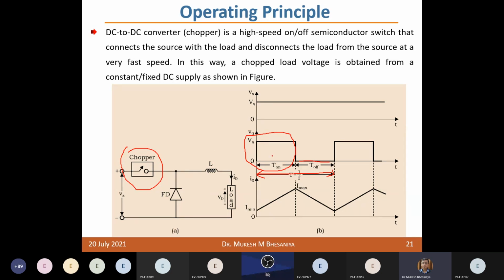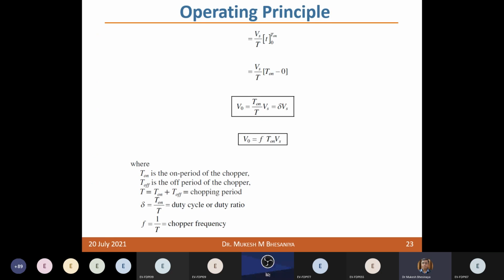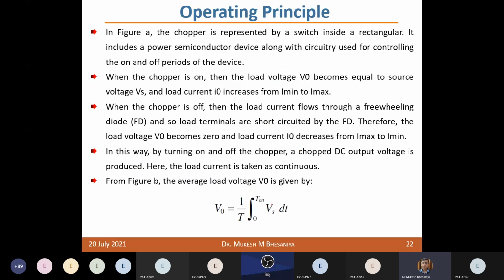But here, in this type of configuration, the output voltage will be less than the input voltage. If you want to relate the output voltage with the input voltage mathematically, this is how you can relate it, and this is basically done from those waveforms.